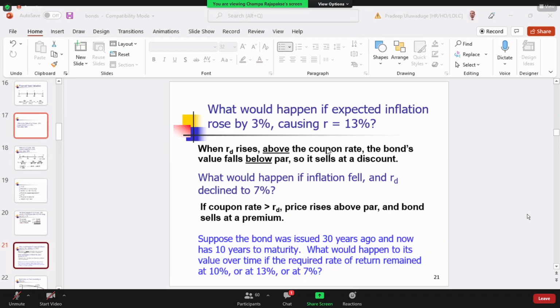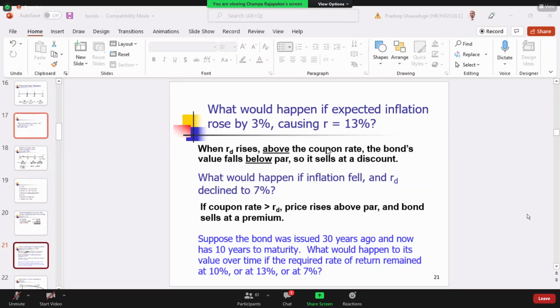Suppose the bond was issued 30 years ago and now has 10 years to maturity. What would happen to its value over time if the required rate of return remained at 10%, 13%, or at 7%? Now it's a 30-year bond.